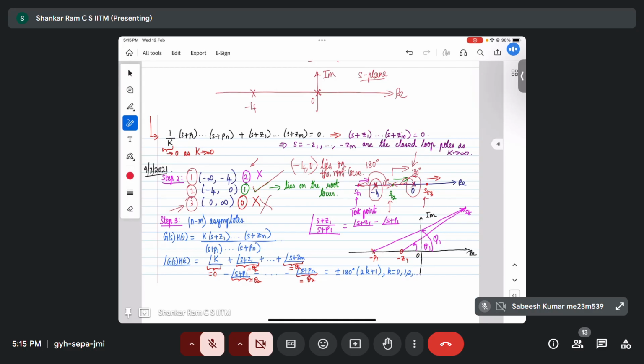But if we want to start from here, which direction do we go in? And that's where this step helps us. We can have this branch starting from -4 along infinite directions, is it not?